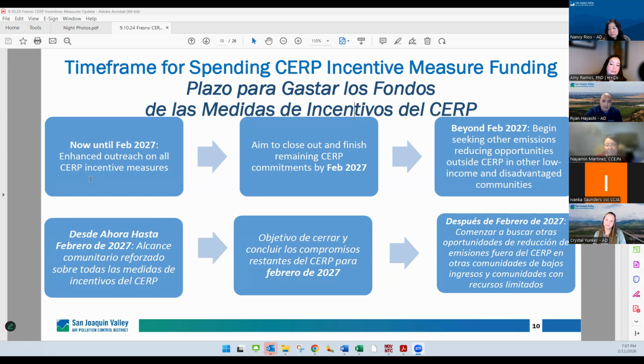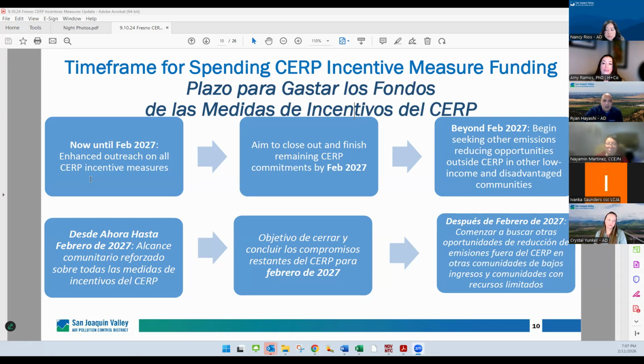We want to be upfront with everybody: the date is going to be February 2027. Over the next 365 days, that's what we're working towards, to spend that last chunk of funding.